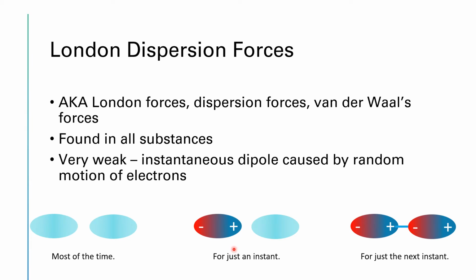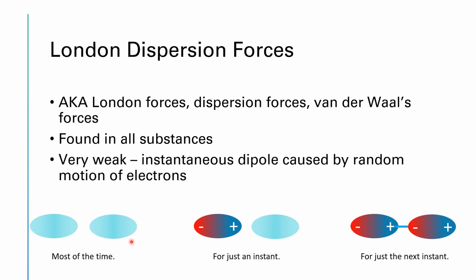But it does last long enough that this positiveness on this end of the molecule affects the electrons in the adjacent molecule. And so for just the next instant, electrons in that right-hand molecule are attracted over to that side, making that end of the molecule negative. So there's an attraction between these two molecules. And then you blink and it's right back to a uniform distribution of the electrons.